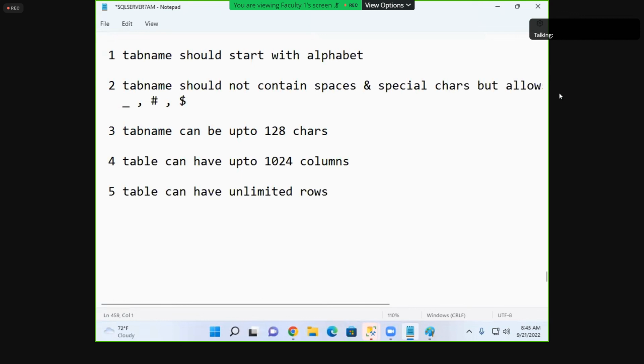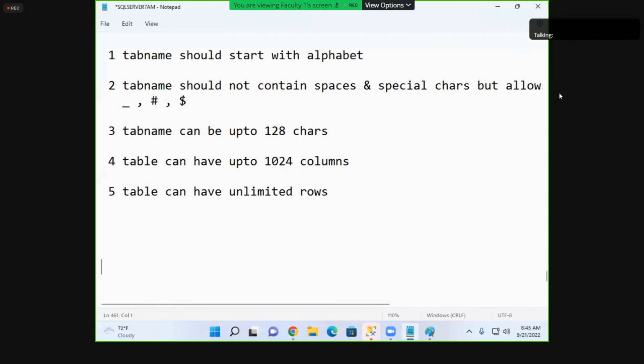Unlimited. In an employee table, how many employees' data can we store? Unlimited. There is no limit for rows. There is a limit for columns. Even though you will never come across 1024 columns, he has given a maximum limit.